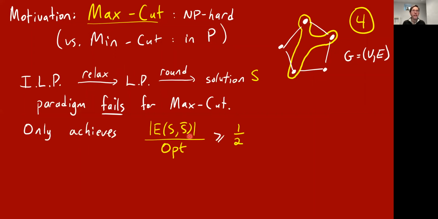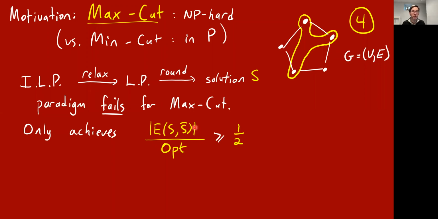And if you try it, the only thing you'll really be able to prove about this strategy is that the size of the cut it achieves, the number of edges from S to S complement, will be at least a 1/2 fraction of the optimum, which is okay, but there are a variety of really simple algorithms that can achieve the same approximation behavior.